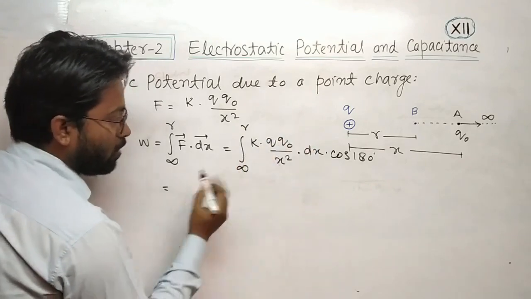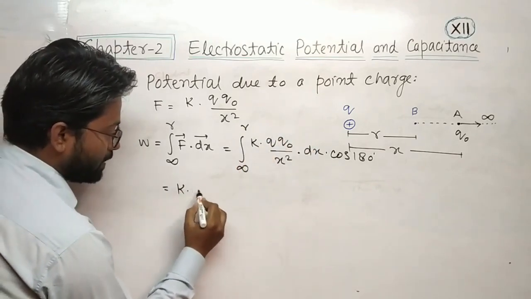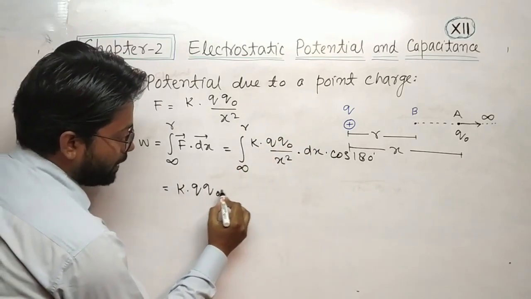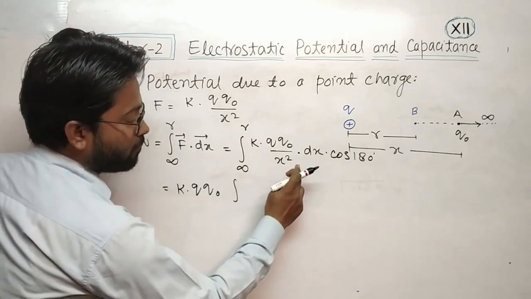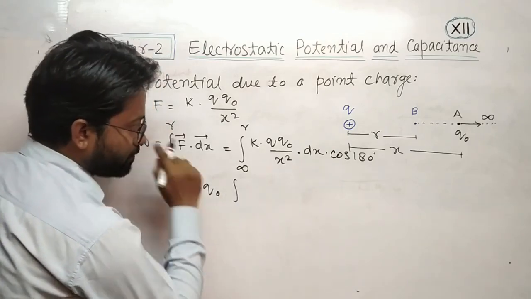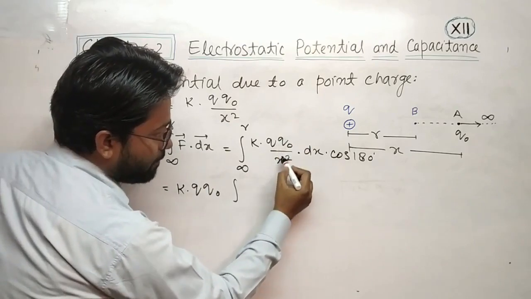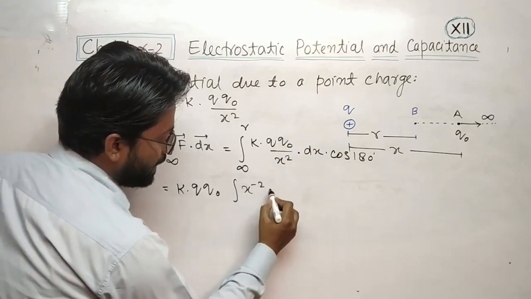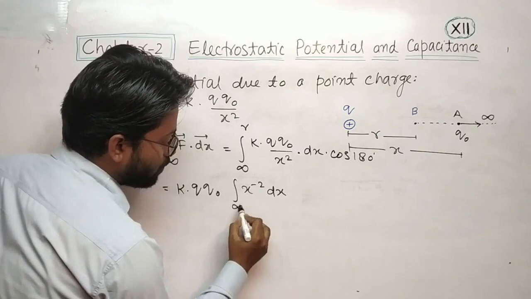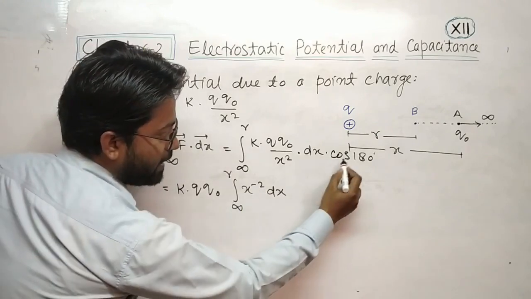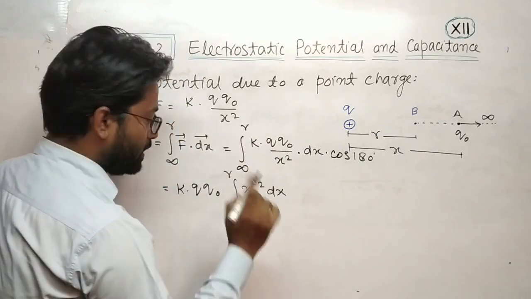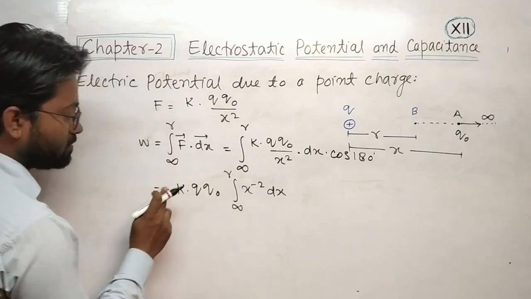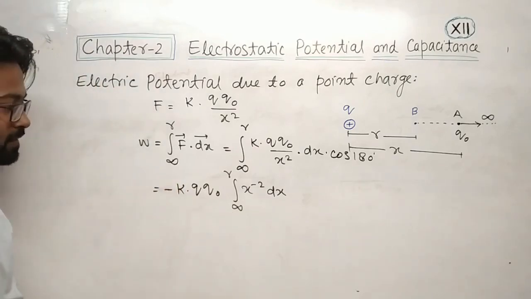K, Q and Q naught are constants, so they can be taken out. Integration of 1 upon x square can be written as x to the power minus 2 from infinity to r, and cos 180 is minus 1, so we write a minus sign here.